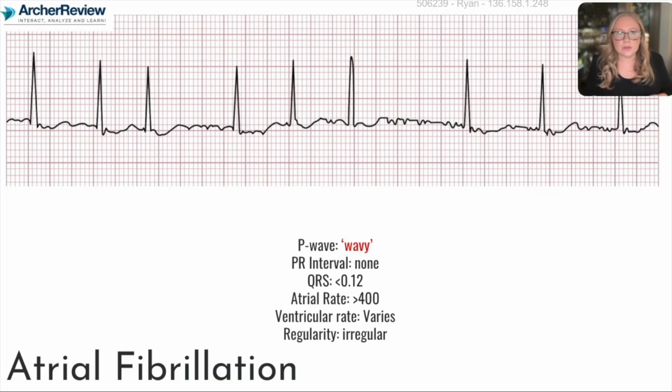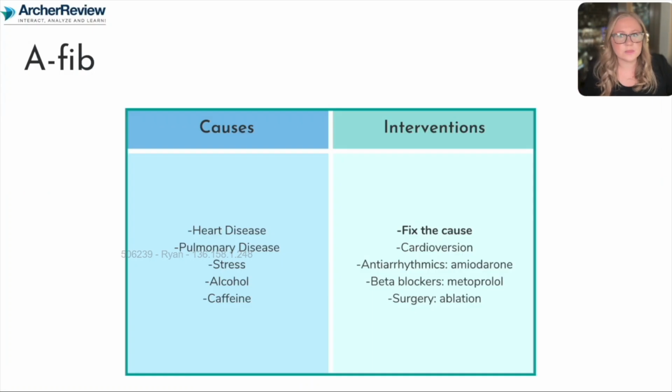And it can lead to a lot of long-term complications because, believe it or not, we do have clients who live in atrial fibrillation and are stable and spend years and years of their life in this dysrhythmia. It can be caused by quite a few different things: heart disease, pulmonary disease.